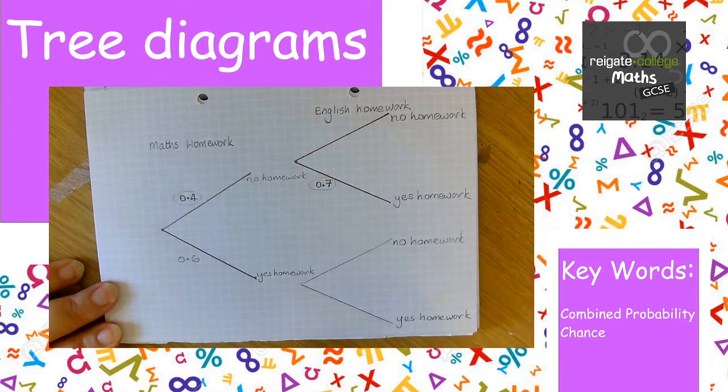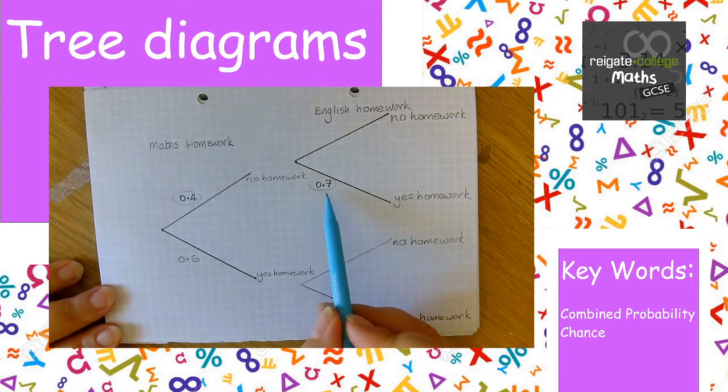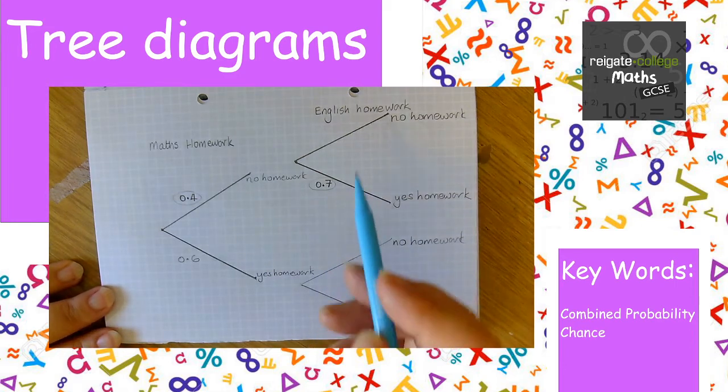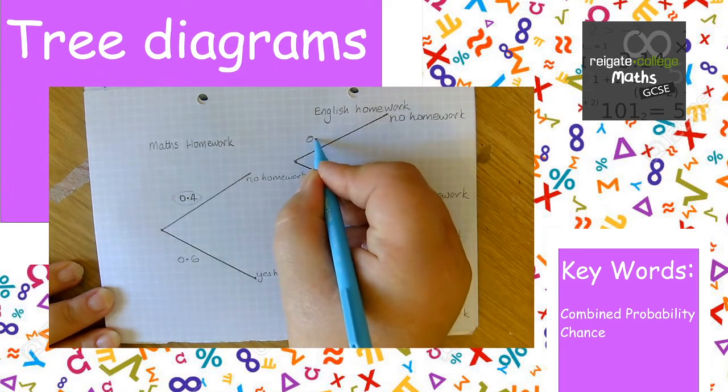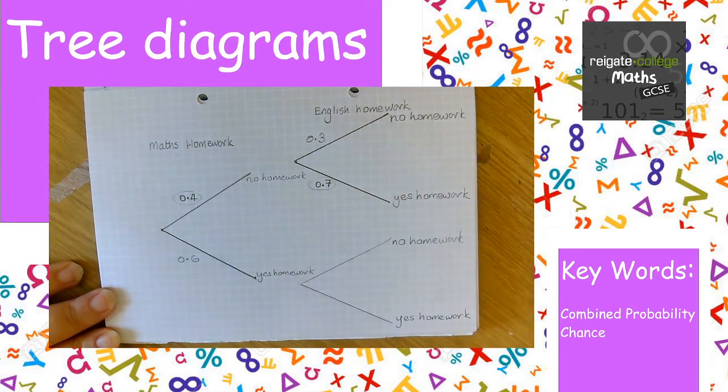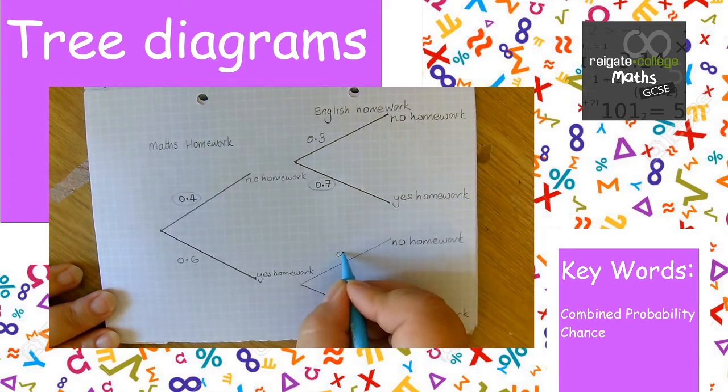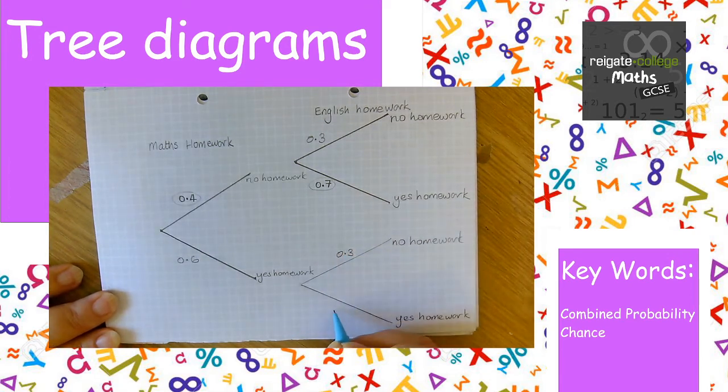Moving on to English homework, if there is a probability of getting English homework of 0.7, it would be 0.3 chance of getting no homework to make up to our probability of 1. And just as before in our fractional tree diagram, this bottom tree is exactly the same as the top tree, so I can complete it with the same figures.